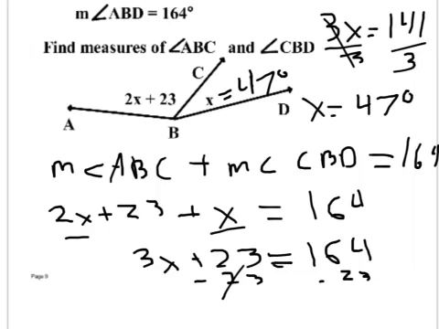We plug 47 into x, right? 2 times 47 is 94. 94 plus 23 is 117. So there's our two answers. Do those add up to 164? Yes, they do. Any questions on how to do that?